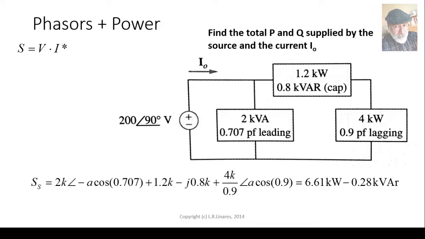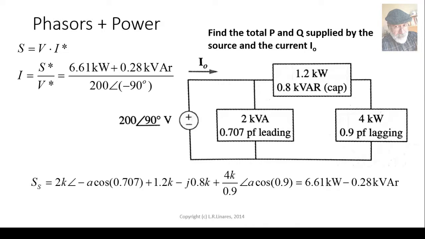And to find the current, we remember that the complex power is the voltage, 200 at 90 degrees, multiplied by the conjugate of the current. We can solve for the current from that equation. The current is the conjugate of the complex power divided by the conjugate of the voltage. And again, I missed the j there.